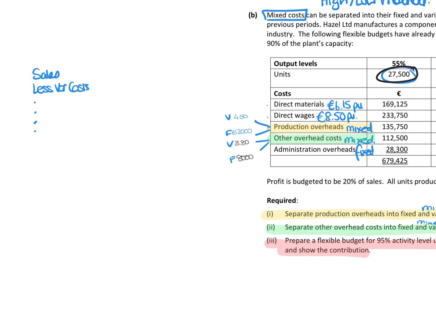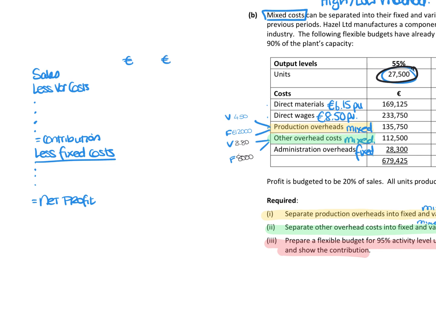That will be equal to contribution. Then less fixed costs. So we've got 1, 2, 3 fixed costs, and that would be equal to net profit. Okay.